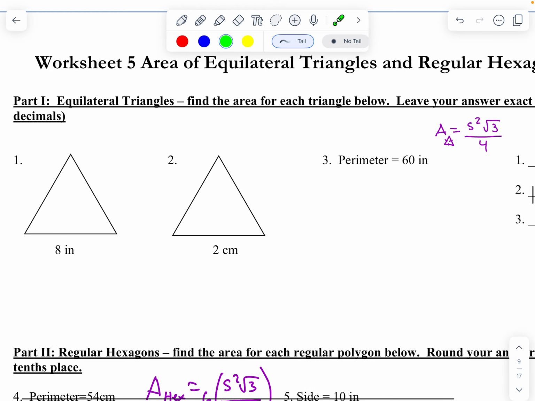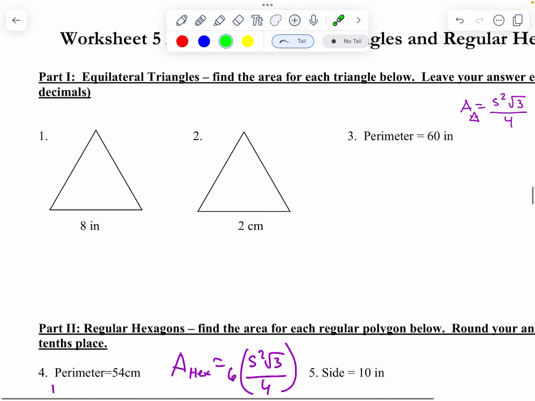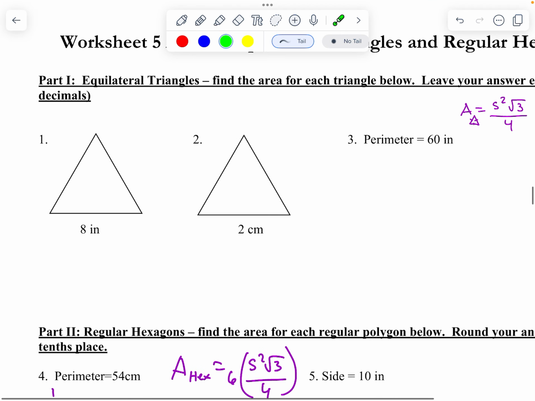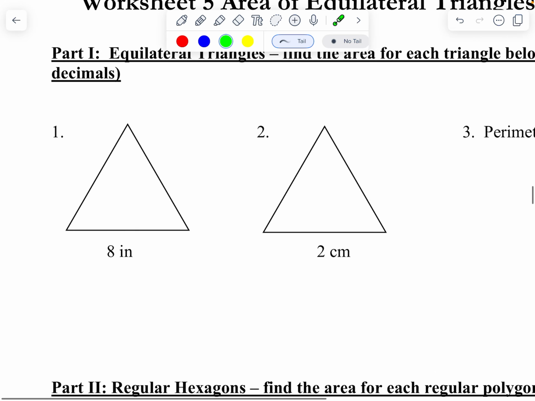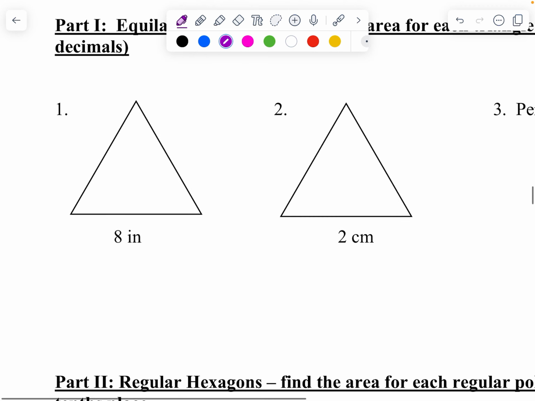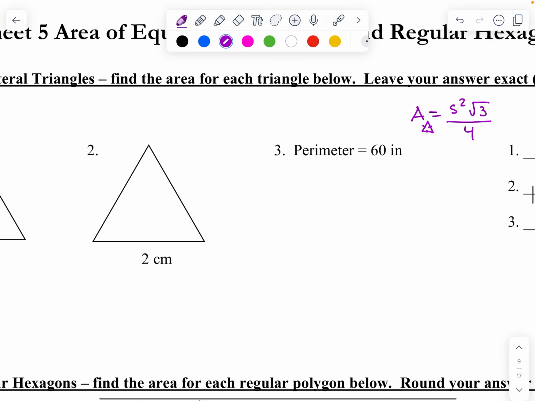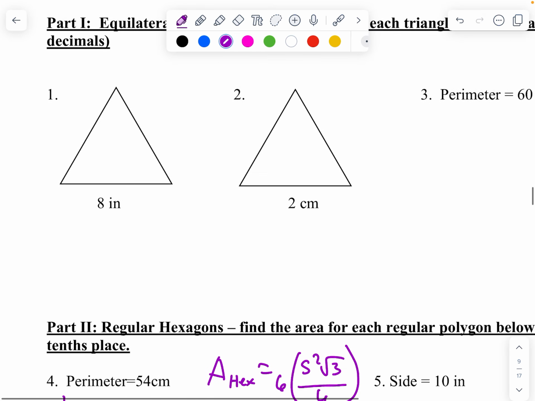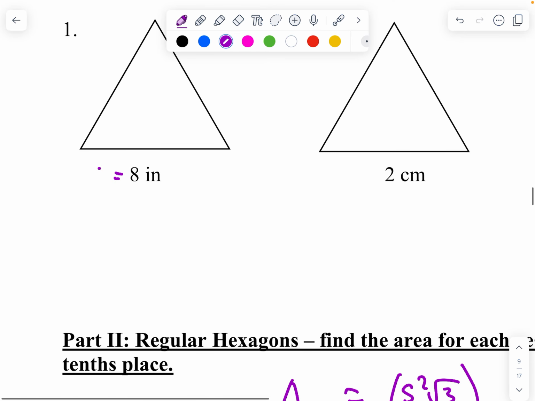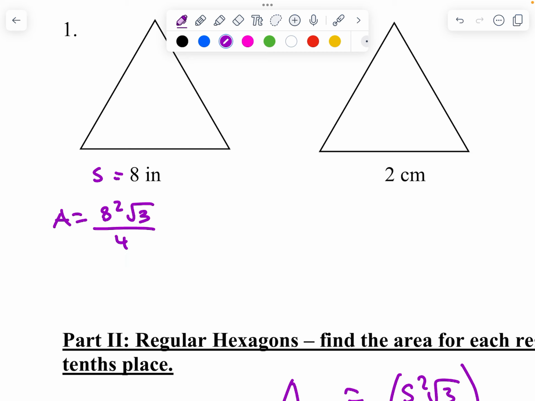So let's go ahead and do a couple of things here. So for example, let's just do number one. Let's learn how to use this formula first. So my formula here obviously is just going to be s squared, so side squared times root 3 over 4. Since this is s, my area of this triangle is going to be 8 squared times root 3 over 4.